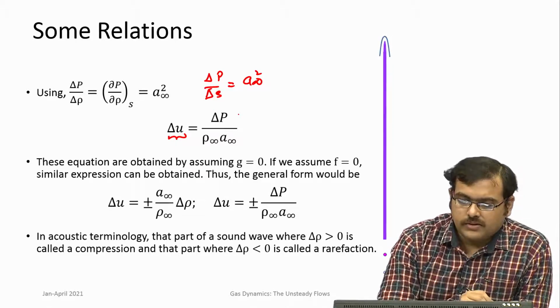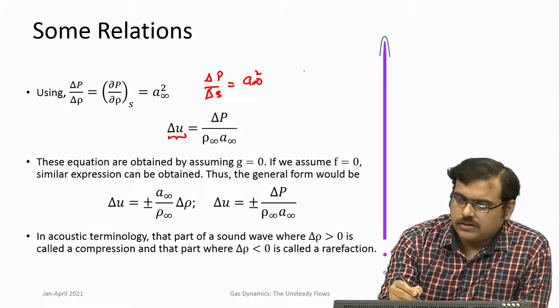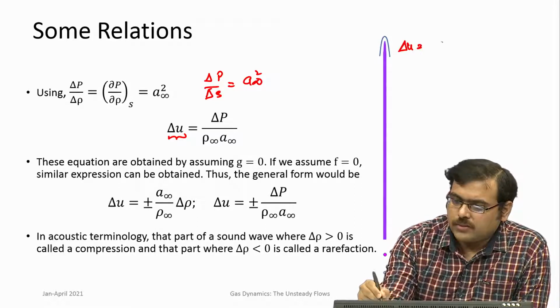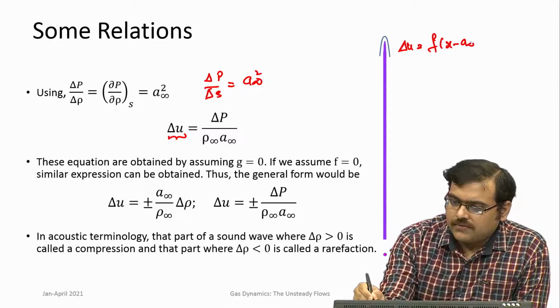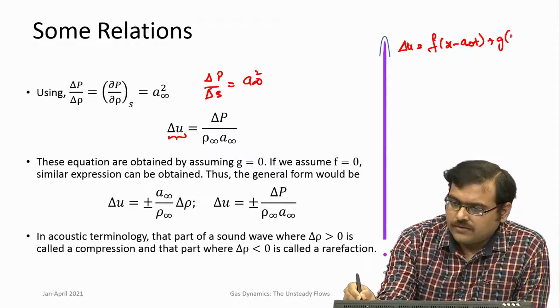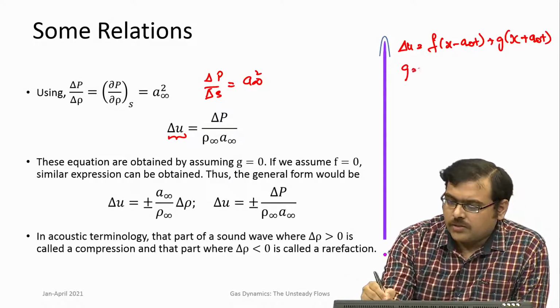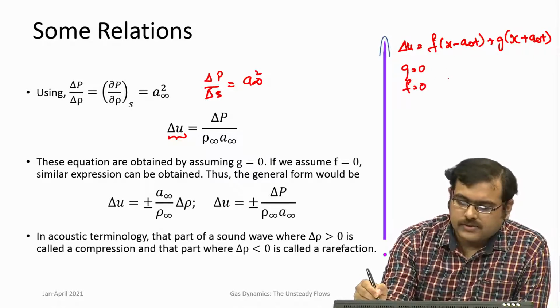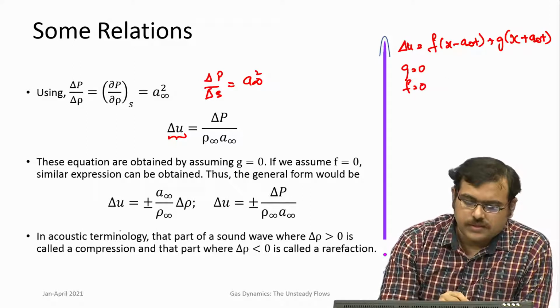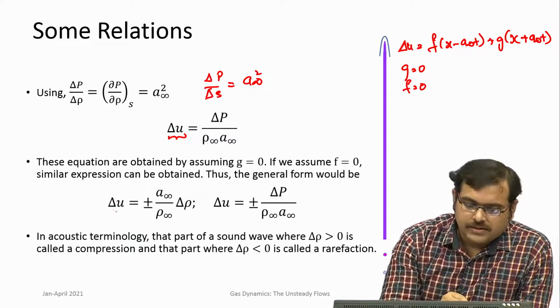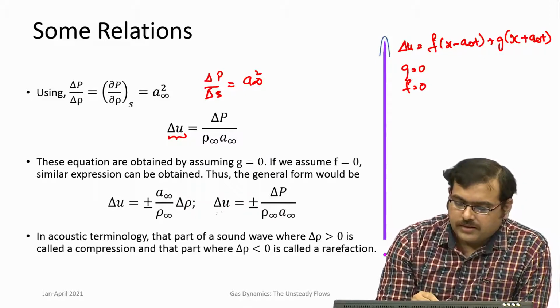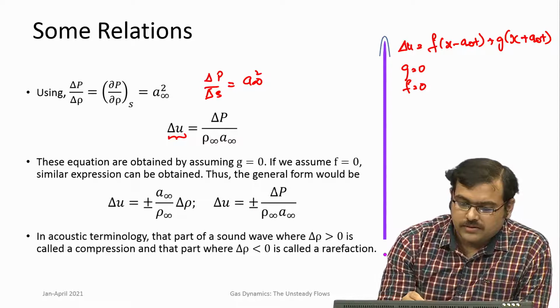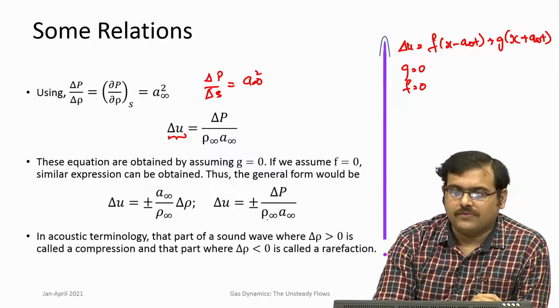So we started off with the general equation delta u is f of x minus a infinity t plus g of x plus a infinity t, and we set g equal to 0. We can also set f equal to 0 and get other forms of this equation. In general, delta u is plus or minus a infinity by rho infinity delta rho, and delta u is equal to plus or minus delta p by rho infinity a infinity.